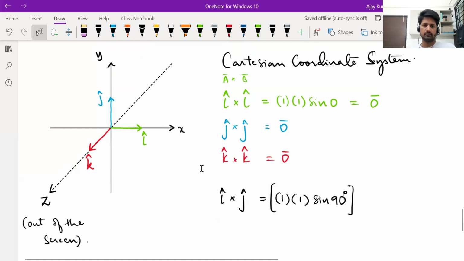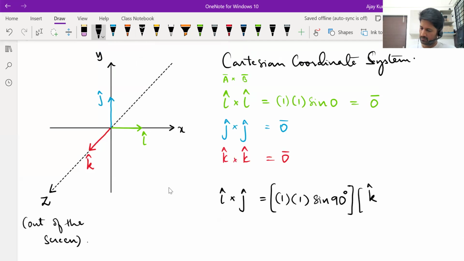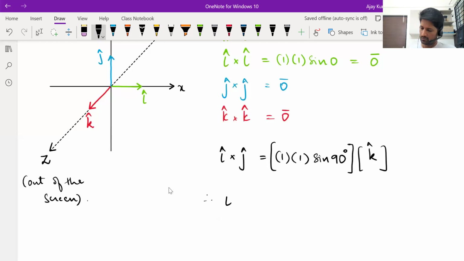Sir, out of the screen. And in this case, out of the screen is the positive Z direction. And positive Z direction is indicated by the vector K cap. Sin 90 is 1, so the first bracket becomes 1. Therefore, I cap cross J cap is K cap.